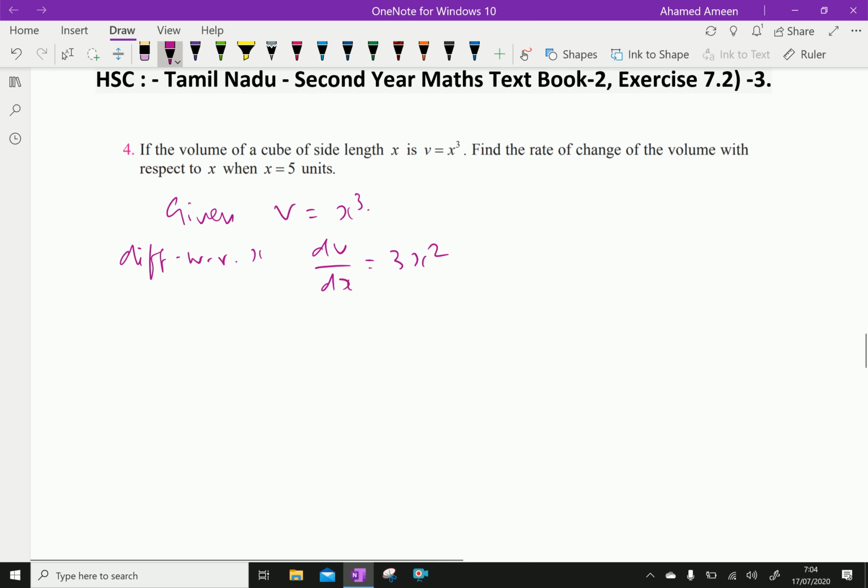Now when x equals 5, then dV by dx equals 3 into x, substitute x equals 5, that is 5 square is 25, into 3 is 75.